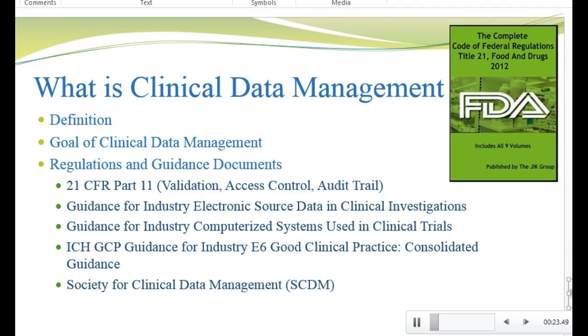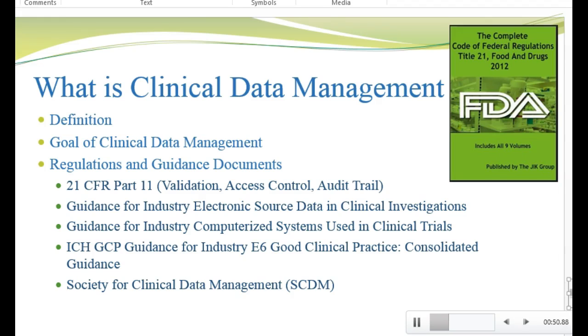Examples of clinical data include medical history, vital signs, physical exam, laboratory data, and adverse event data. The goal of clinical data management is to produce complete, reliable data that can be used to answer the question posed in the protocol. The clinical data management team is responsible for ensuring that clinical trial data are integrated into a format that can support the analysis.